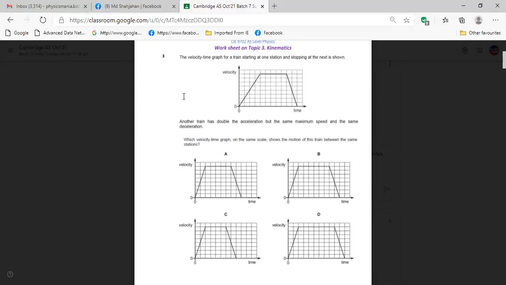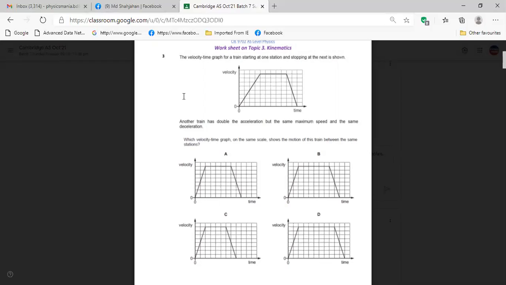If you want to understand it, then you should take out the gradients, right? So which one is showing double the acceleration? Which one is showing the same deceleration? That you can find. And another thing is the area under the graph.